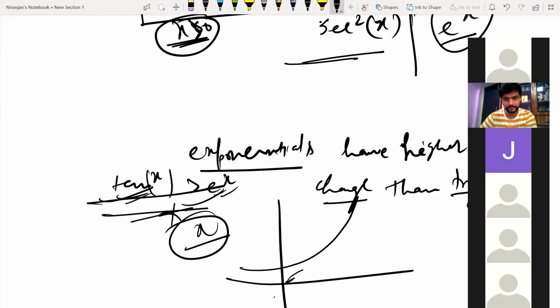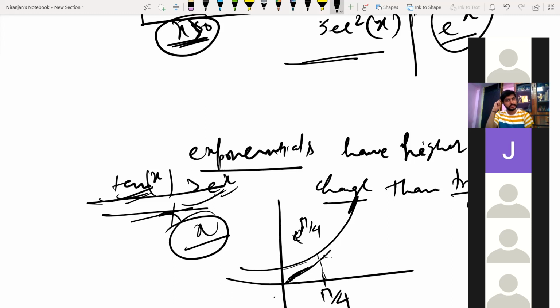This is the graph of tan x, right? So when tan x takes 45 degrees, it gets 1, right? So this is actually 1. And at pi by 4, you get e to the power pi by 4. That is always going to be greater than that 1, right?